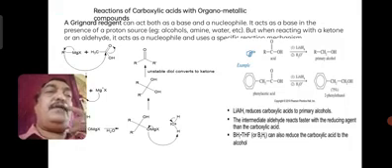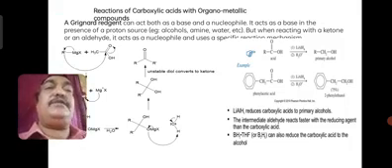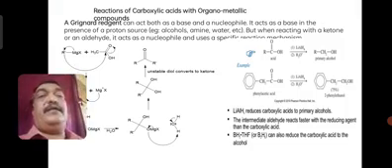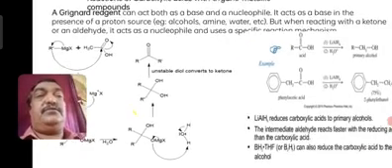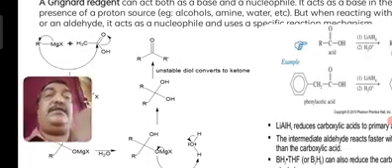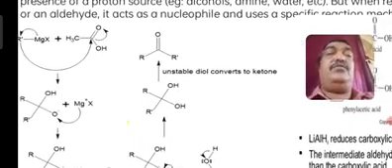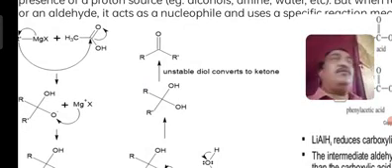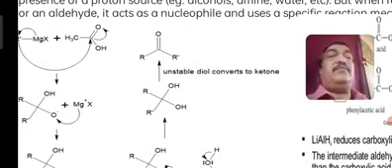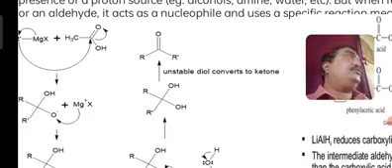Then the next method is the reaction of carboxylic acid with an organometallic compound. All these reactions you might have already studied, but I will give only one or two examples. Organometallic compounds are like RMgX.